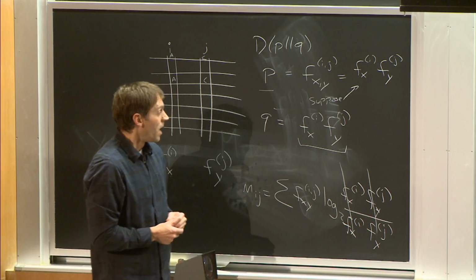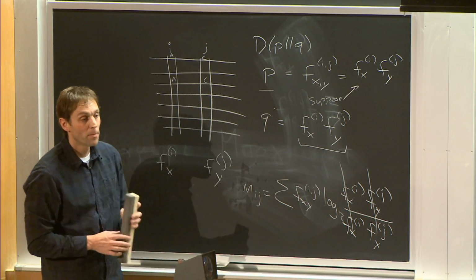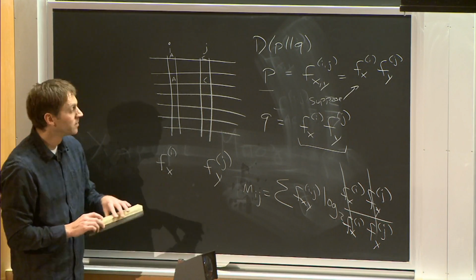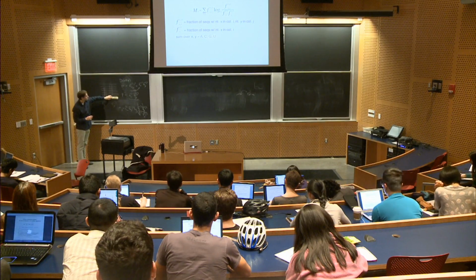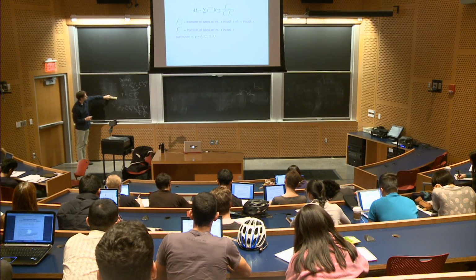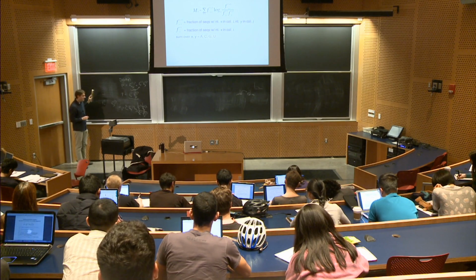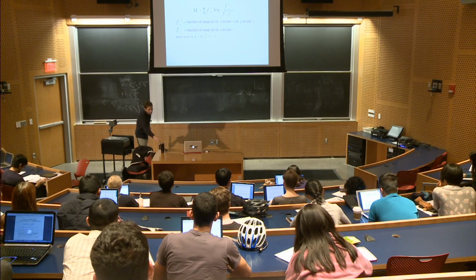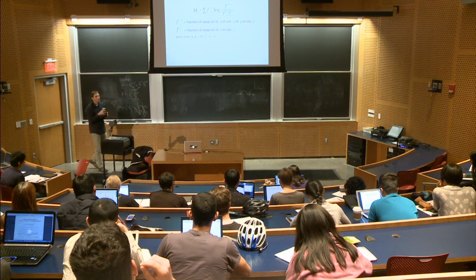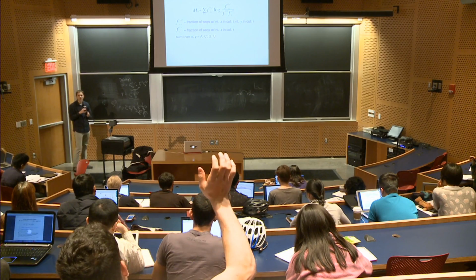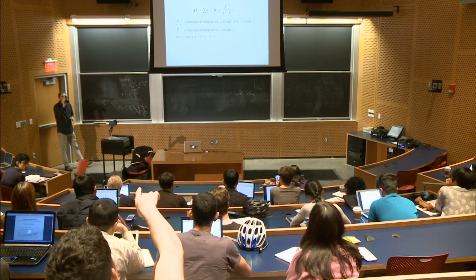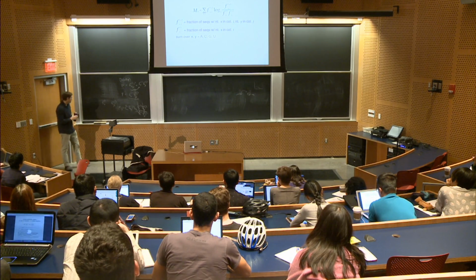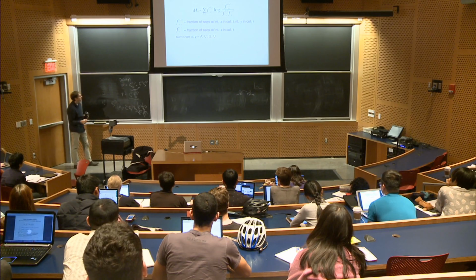Okay, and what is the maximum value that the mutual information could have? Any ideas? Any guesses? Joe? You could have log base 2 of 1 over f sub x, f sub y. Of 1, okay.